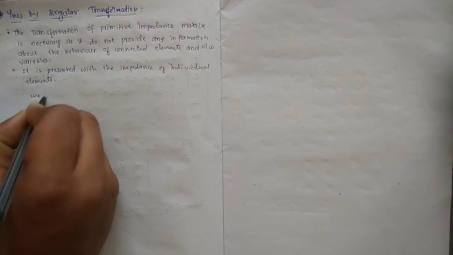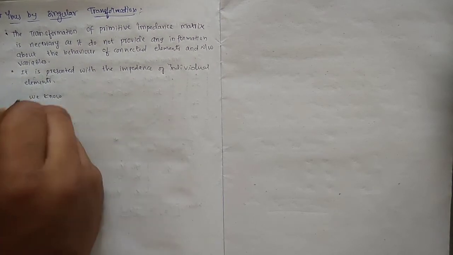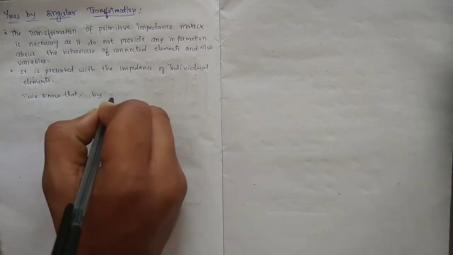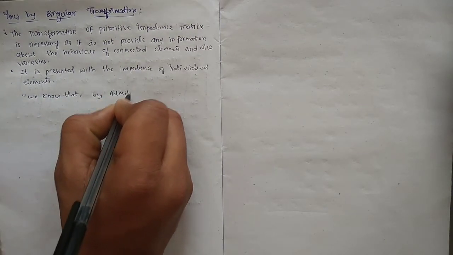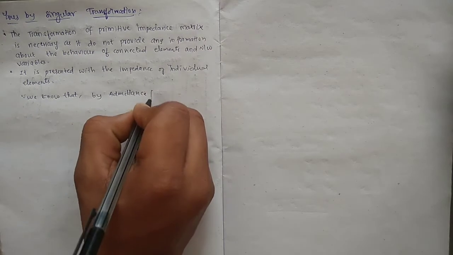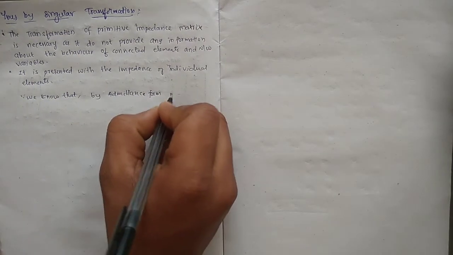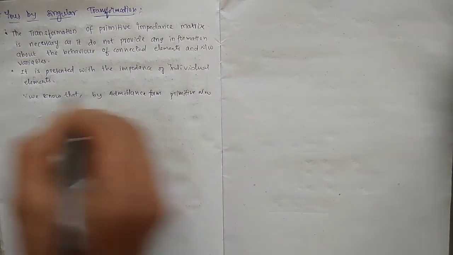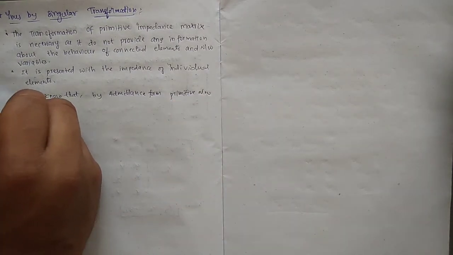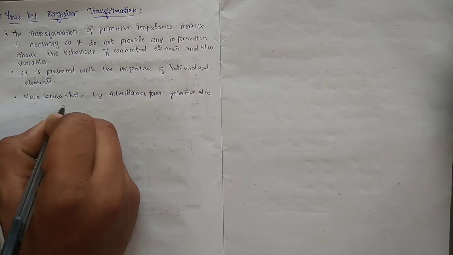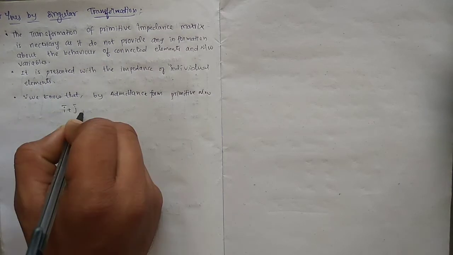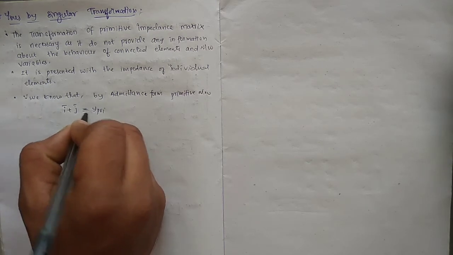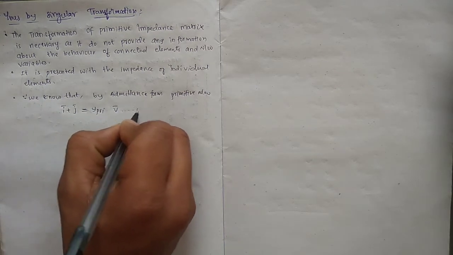Since we know that the admittance form of the primitive network is I vector plus j vector is equal to y primitive into v bar.